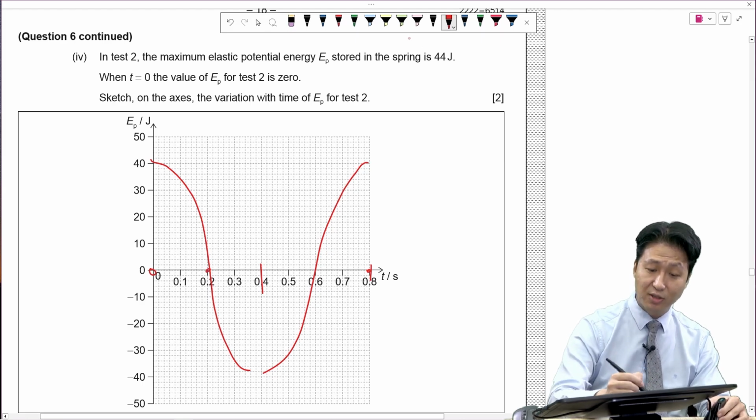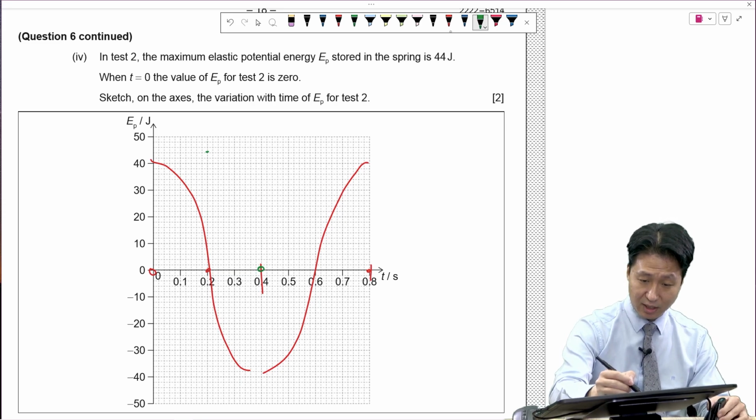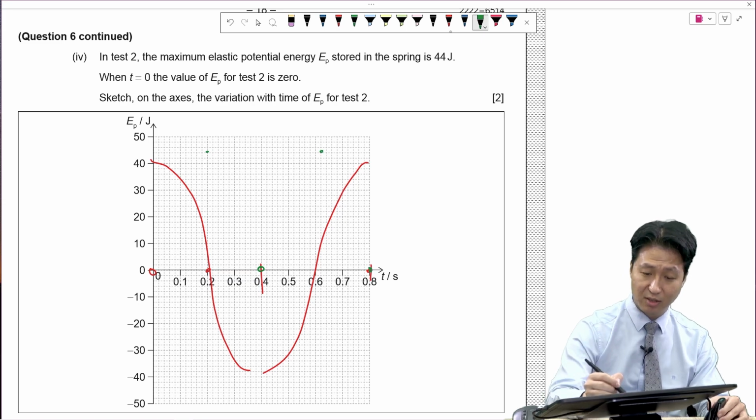But when the velocity is 0, you should have a maximum potential energy of 44. So let's go to 44. Put it here. And when the velocity is a maximum, again, you should go to 0. When velocity is 0, you should get to the maximum potential energy again. So again, another point here, and another point here.